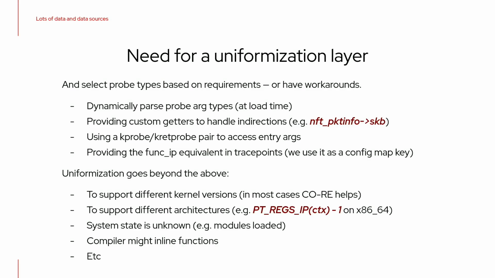But also, for some examples, you need to uniformize the eBPF API if something is not available in a given probe type. But also some quirks. There are many, but one example would be that retprobes don't have access to input arguments. So if you do want to have access to those input arguments, you need to put things in place, to have some tricks to be able to do so.